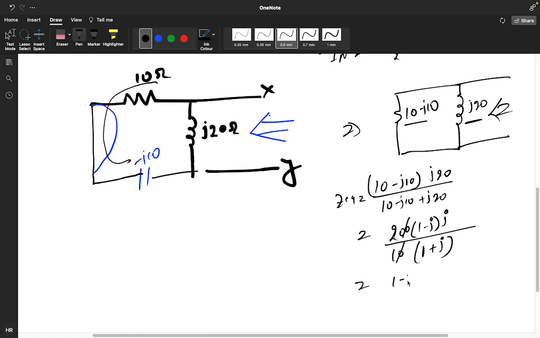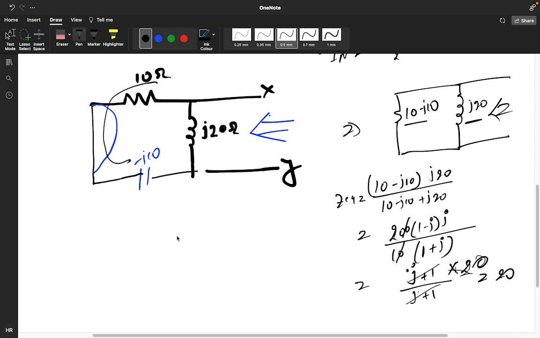If you solve this, you get J plus 1 divided by 1 plus J into 20, and the common terms cancel out, multiplied with 20. So Z equivalent is coming 20 after solving.